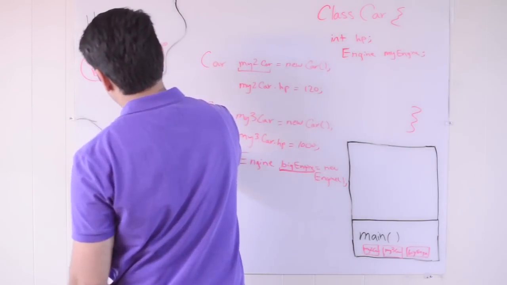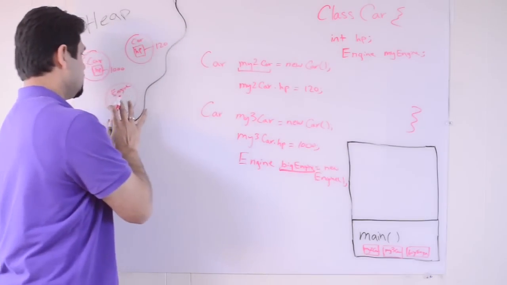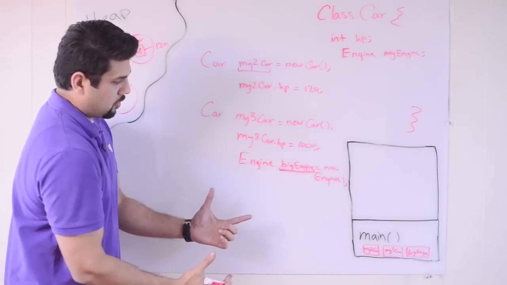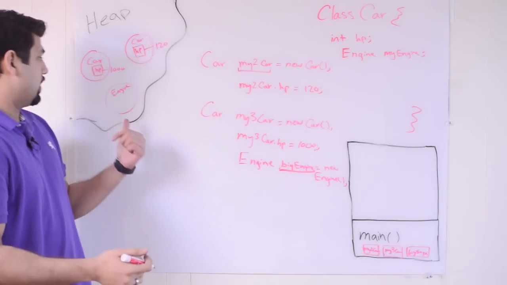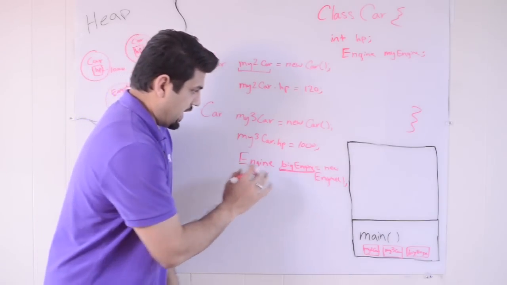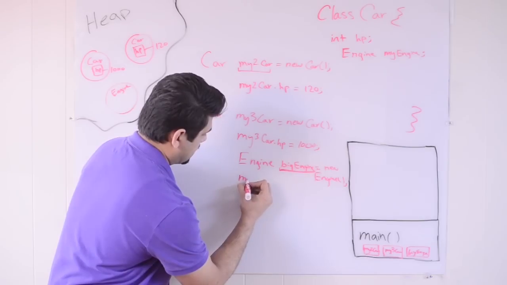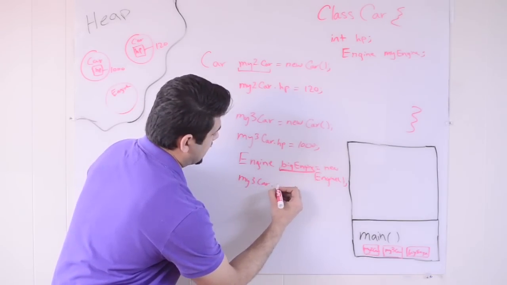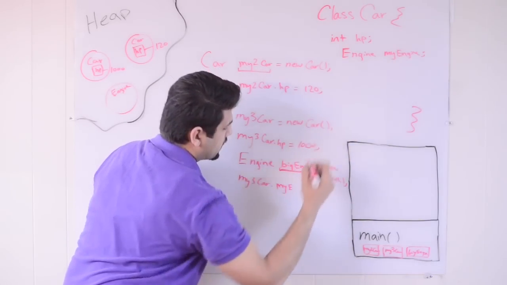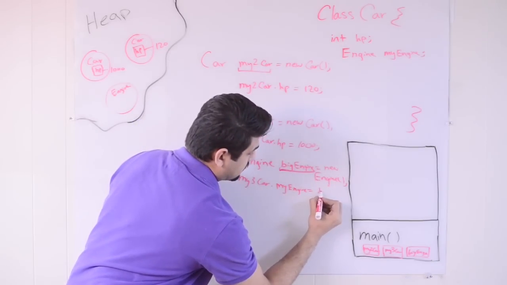So let's create that. Here's our engine. Sorry for my handwriting. So this big engine variable contains the address of where this engine object is on the heap, right? So now I can assign this variable to my3car dot my engine. That's the variable name, my engine. I can give it big engine.